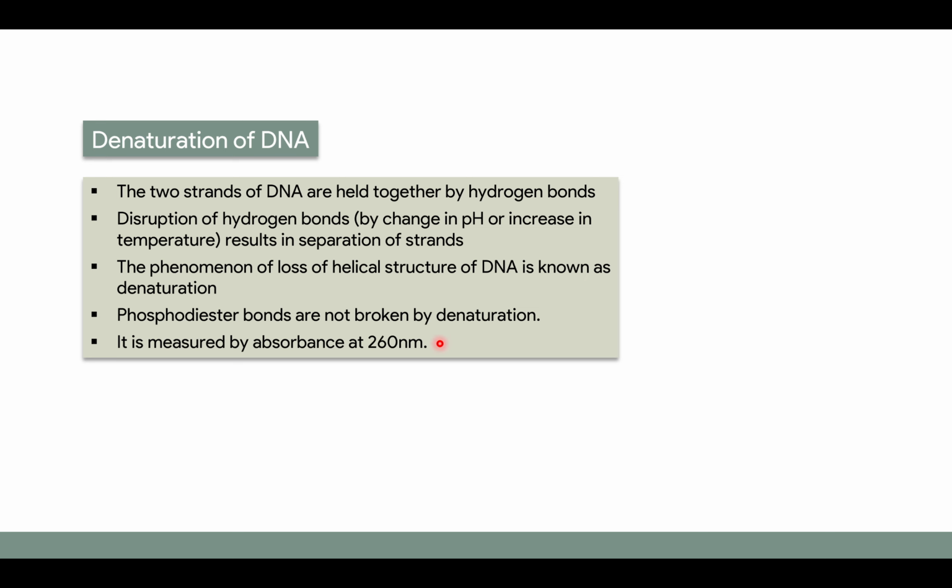Now when we talk about the 2 strands of the DNA helical structure, they are attached to each other by hydrogen bonds. So in denaturation, it is the hydrogen bonds between the AT and GC that get broken, and hence the two strands of DNA are separated as single strands, and this happens because of a change in pH or due to a change in temperature.